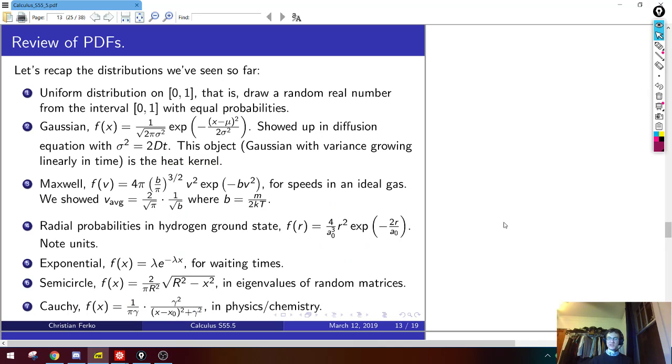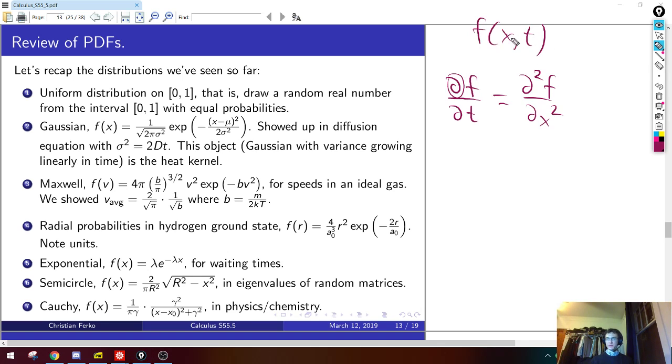You can ask, why is this called the heat kernel? We're studying this in the context of diffusion. Well, the diffusion equation is basically the same as the heat equation. The heat equation is, the derivative of f with respect to time is 2 derivatives of f with respect to x. And I'm using curly d's. Whenever you have a function of 2 variables, like f of x and time, it's customary to use this curly d, which is called a partial derivative, and you'll meet very soon in 1802.